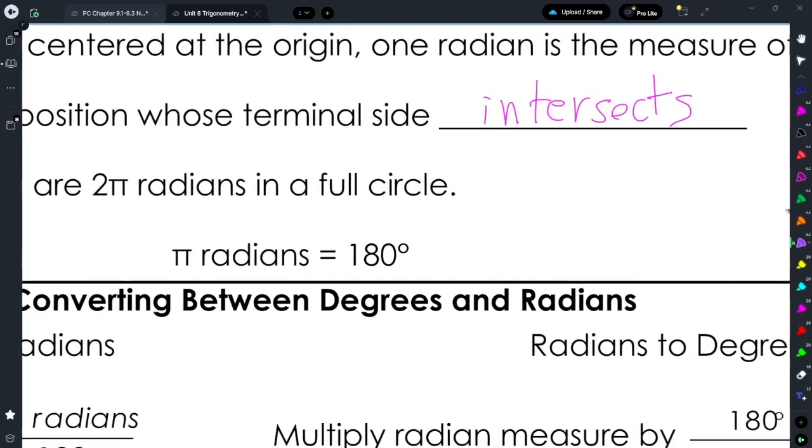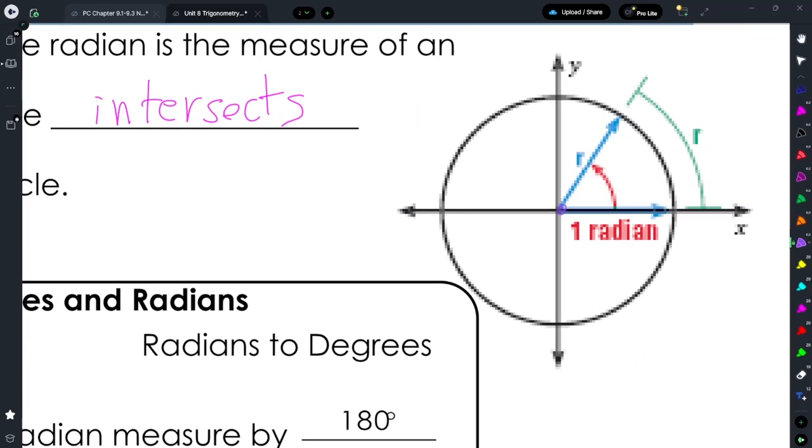So the math definition doesn't sound very appealing. What that is saying is that if we have a circle that has a radius of r, and we were to take that radius length and translate it here as an arc length, a radian would be the rotation from here to here, this angle.